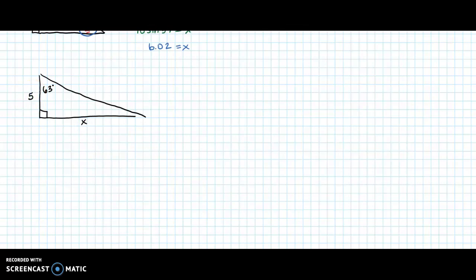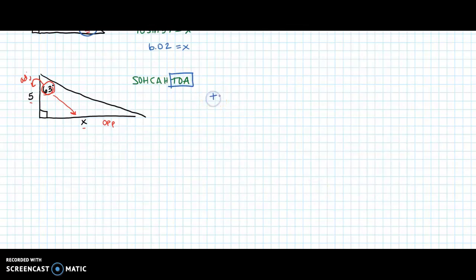So again, think about your acronym. And think about the relationship of these two sides with labels to your angle that you're given. So x is the opposite, and 5 is the adjacent. So the trig ratio that deals with the opposite and adjacent is tangent.